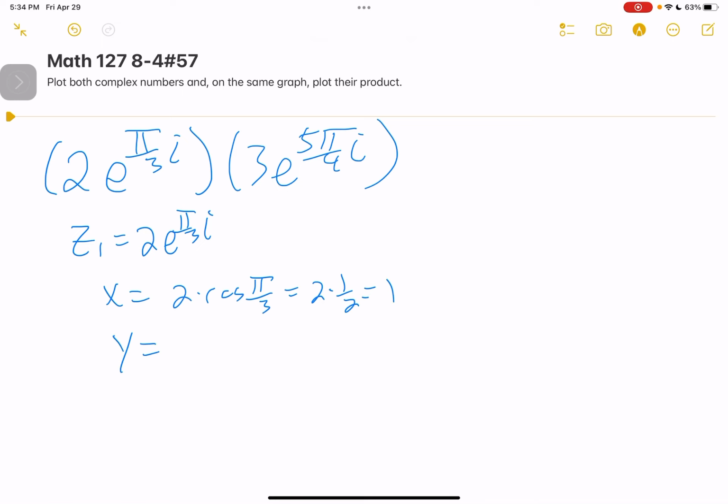And y is going to be, it's really i because it's the complex part, 2 times sine of pi over 3, which is 2 times the square root of 3 over 2 i, which is square root of 3 times i.